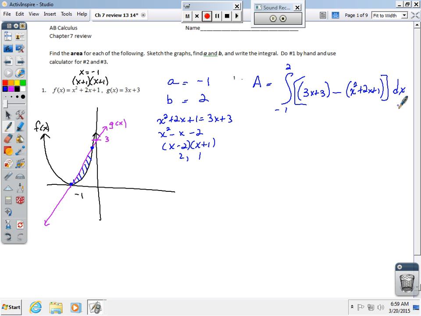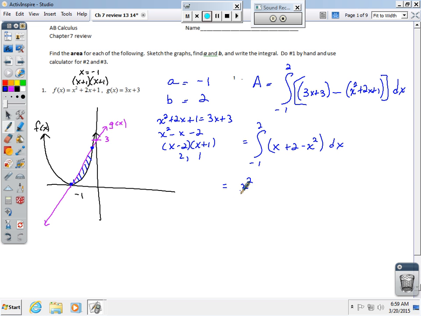All right, I have to do this one by hand, so I'm going to simplify that before I integrate it. So the integral from -1 to 2, that's going to become an x, that's going to become a plus 2, and then a minus x squared dx.